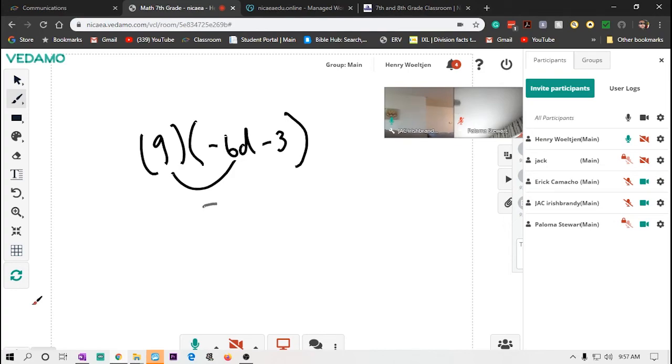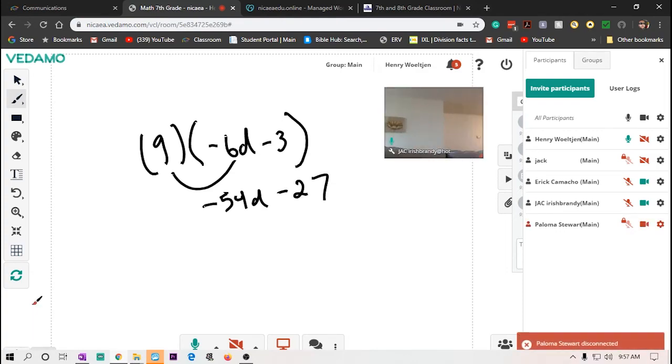So negative 54d. And then distribute the 9 to the 3. What is that? 27. Negative 54d minus 27. It's very simple. All you're doing is distributing. Any questions?